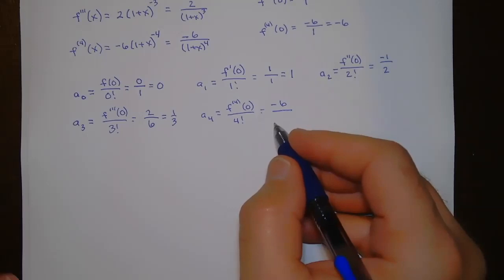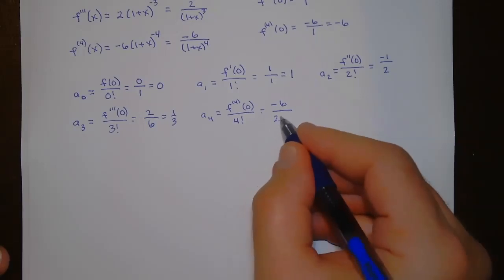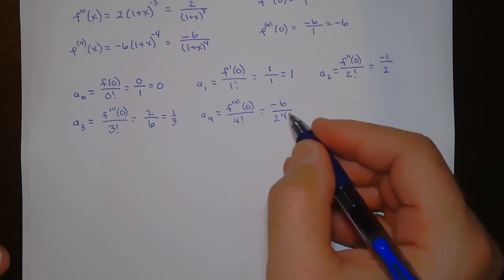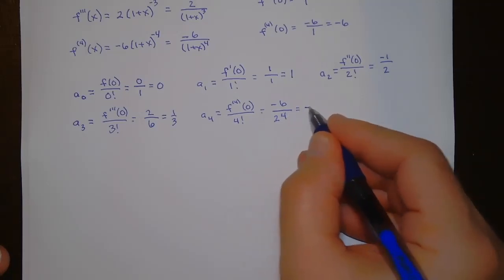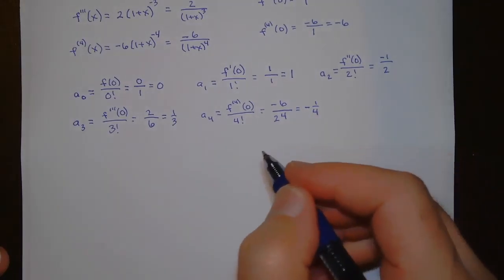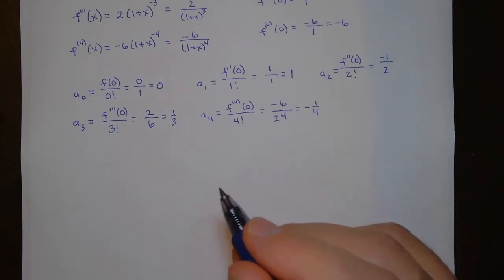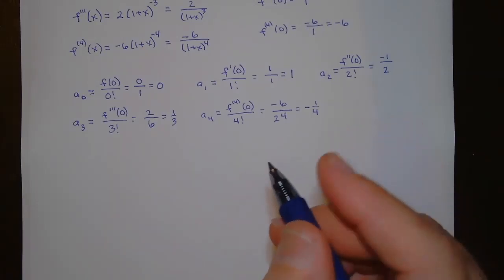Well, 4 factorial is 4 times 3, which is 12, times 2, which is 24, times 1, which is still 24. So it's -6 over 24. A better way of writing that is -1/4.